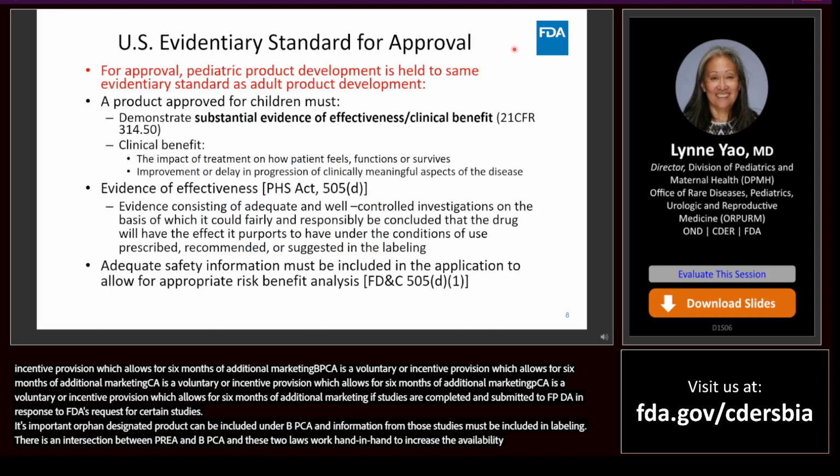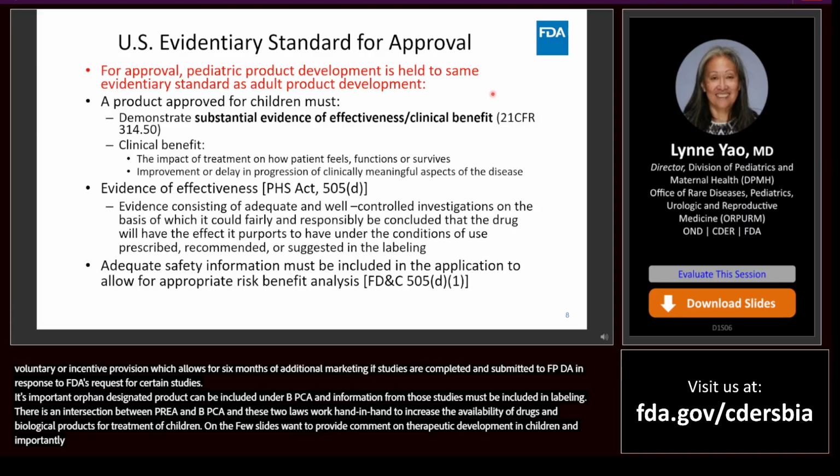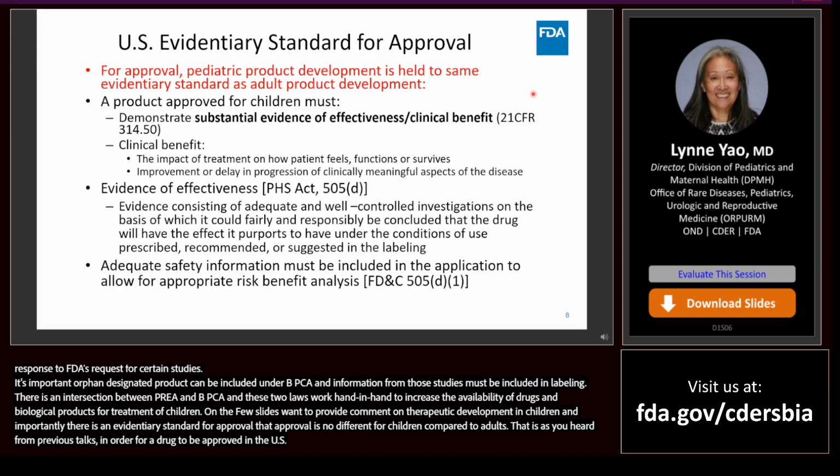So on the next few slides, I want to provide some comments on therapeutics development in children. And importantly, in the US, there's an evidentiary standard for approval, and that approval is no different for children compared to adults. And that is, as you've probably heard from previous talks, that in order for a drug to be approved in the US, there must be demonstration of substantial evidence of effectiveness and clinical benefit.